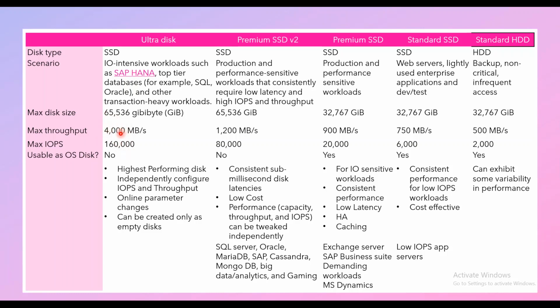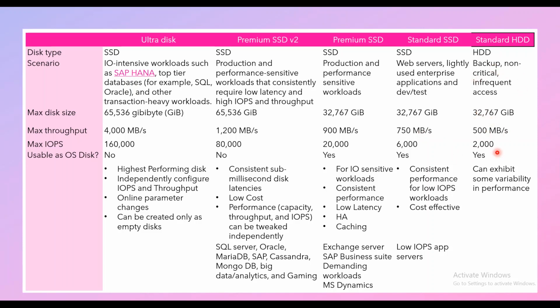Again, the IOPS and throughput will vary based on the disk size that you choose. So you can only create Ultra Disk as an empty disk. You cannot create it from a snapshot, or from an existing disk, whereas you have the option to create standard SSD or premium SSD from a snapshot, or from an existing disk. You can clone it and get it created.